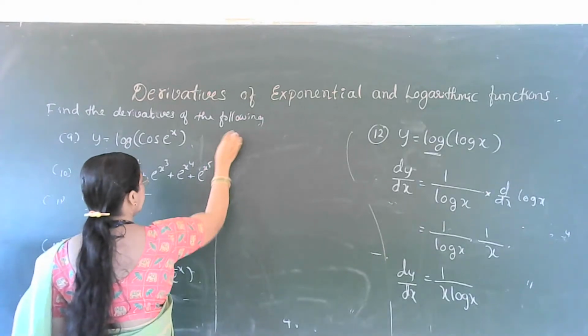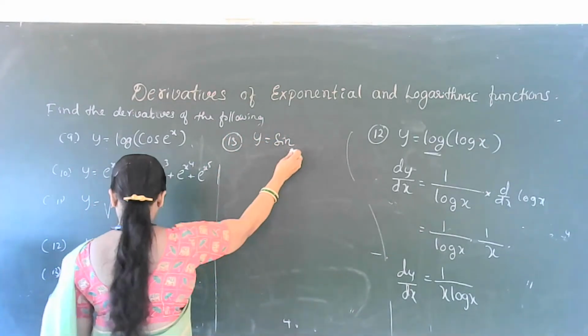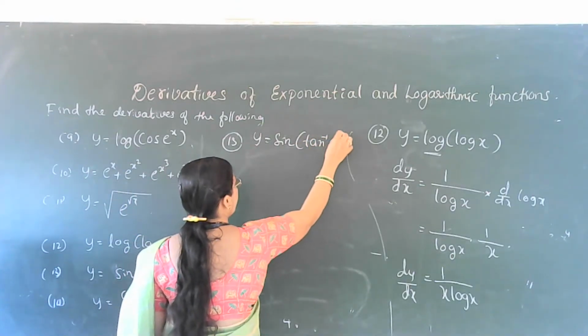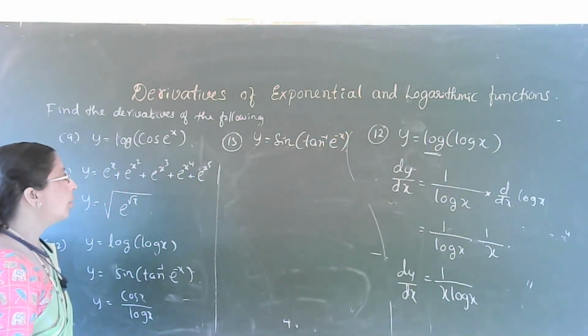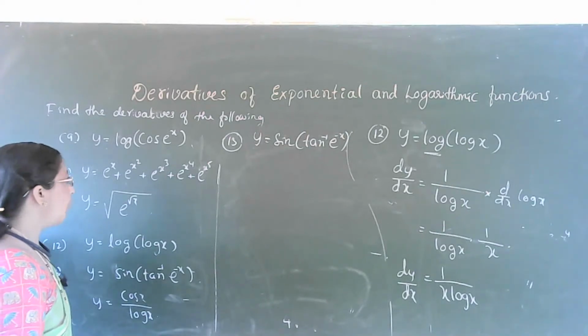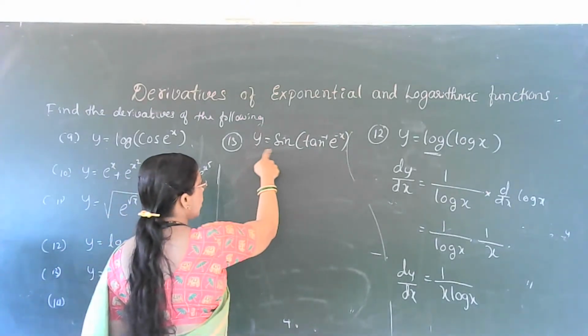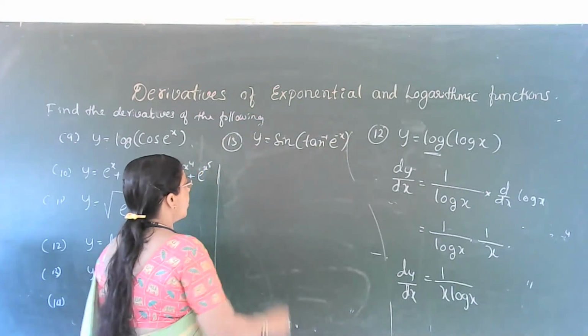Next, 13. y is equal to sin of tan inverse e to the power minus x. We already know about the derivative of tan inverse. Here y is equal to sin of tan inverse e to the power minus x.